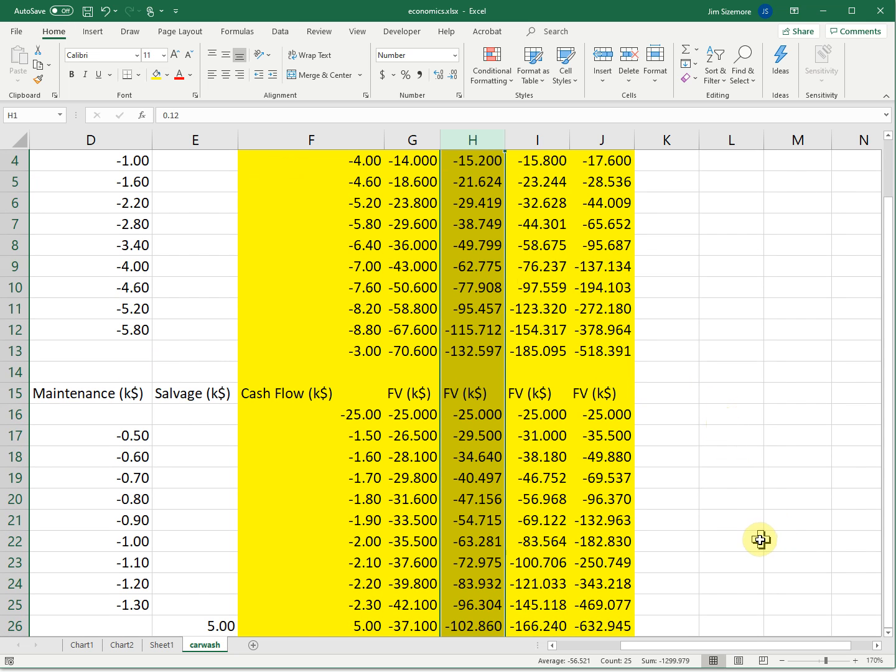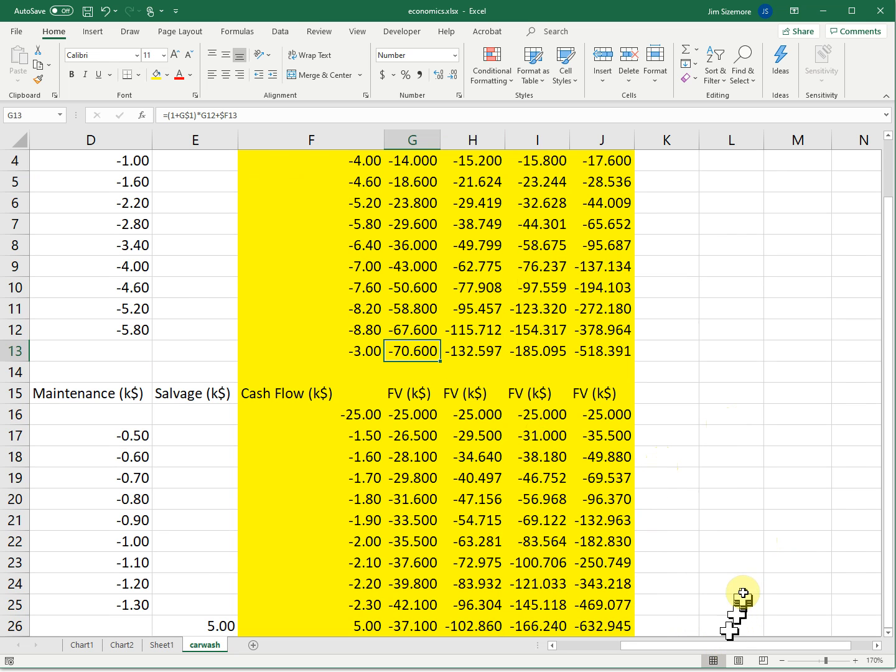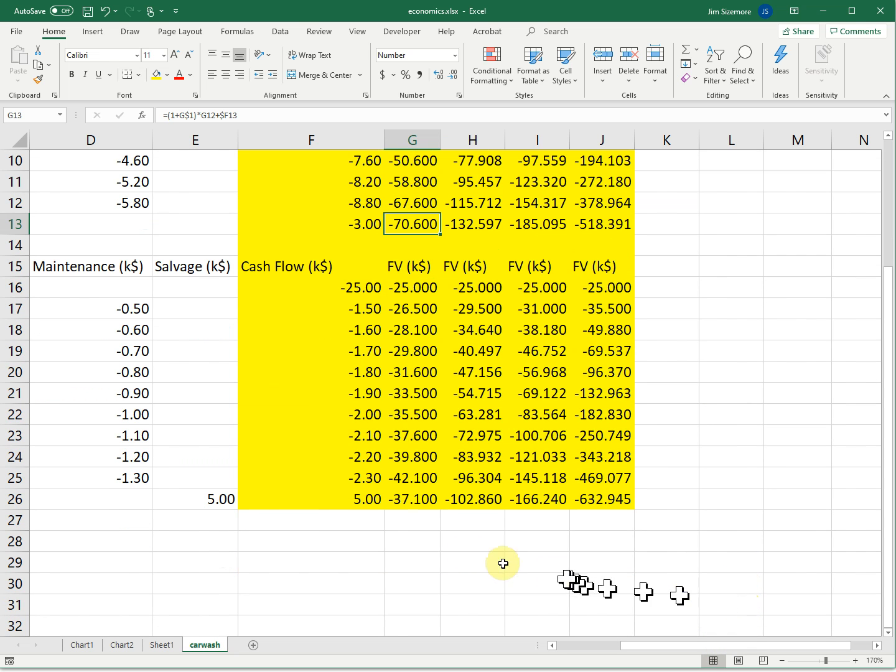So you can see that overhauling is going to cost you $70,000 overall because of increased maintenance costs and the like, and no salvage. Here's salvage down at the bottom. That's a positive cash flow because you sell off the used equipment. So if you overhaul, it'll cost you $70,000 total.